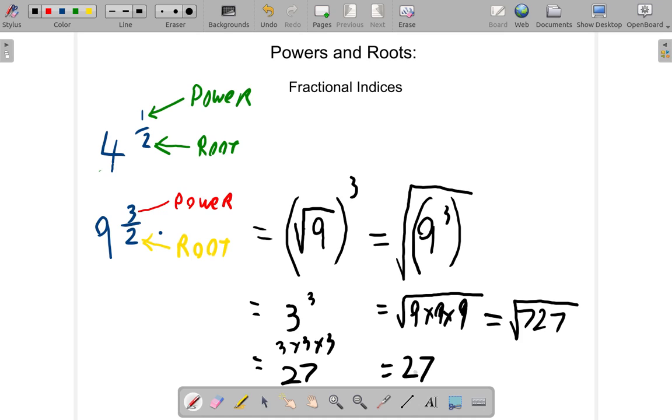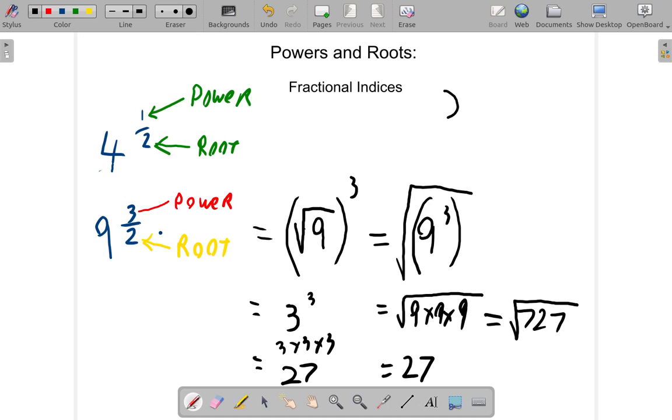But as you see over this side, we found the power first. We raised to the power first, and then we had to deal with some big massive numbers. It's a bit easier if we find the root at first, because we are dealing with smaller numbers, right? Even though you get the same answer, it's easier to work with finding the root first than raising to the power at first. So let's make our conclusion here.